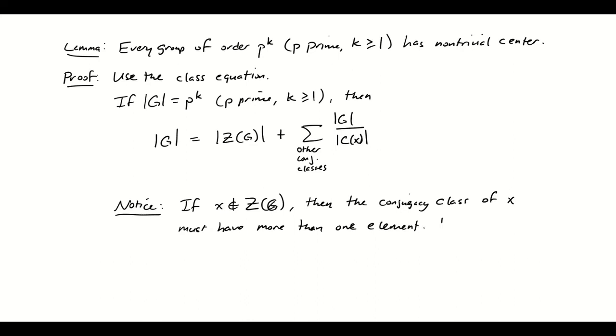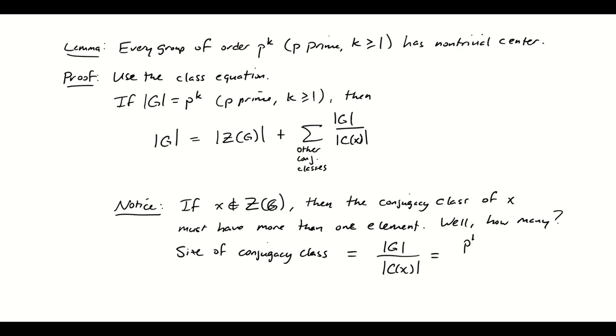Well, how many? Well, the size of that conjugacy class must be equal to the order of G divided by the order of the centralizer of x. That's by the orbit stabilizer theorem.